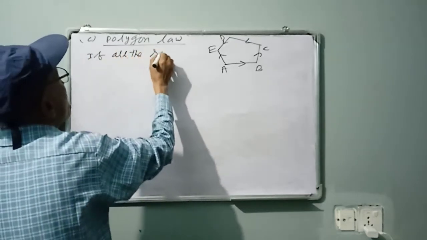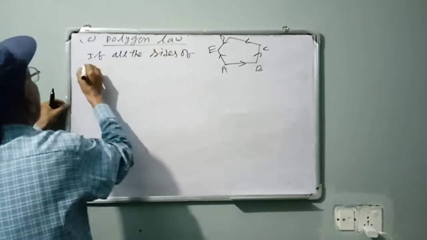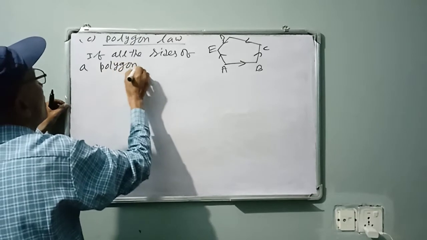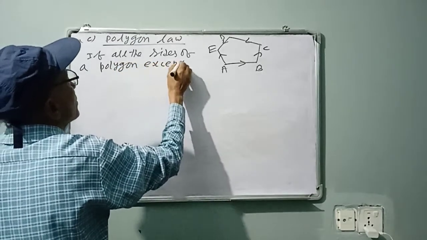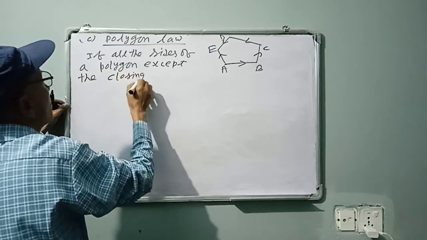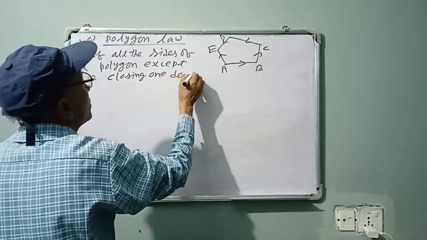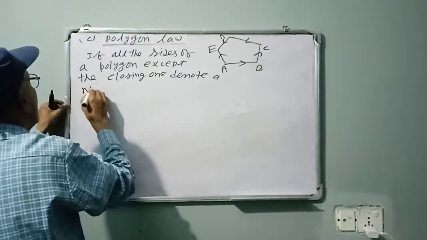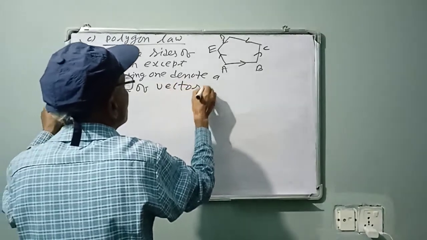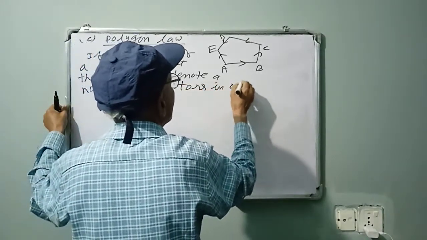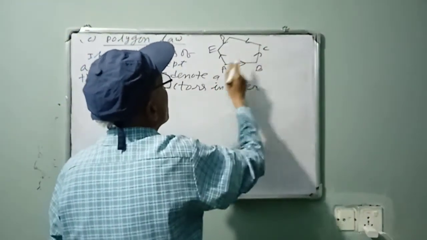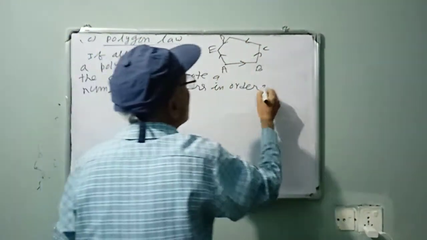If all the sides of a polygon except the closing or last one denote a number of vectors in order, यो लेख्नुपर्छ in order. अर्डरमा हुनु पर्यो. AB plus AC होइन, AB plus BC in order.